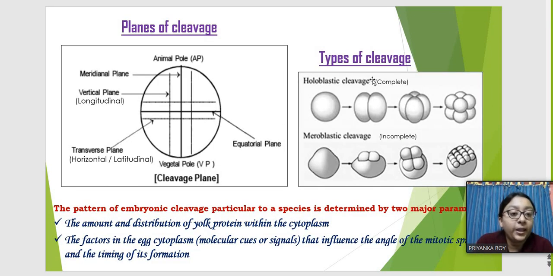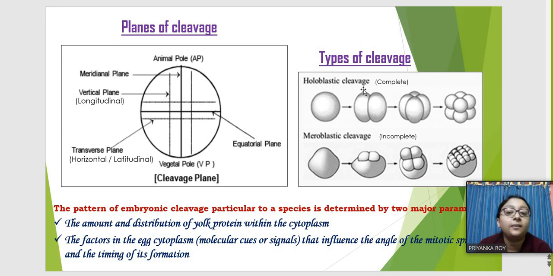If the cleavage plane or the division is complete throughout the first cell, when the plane of division runs entirely through the first cell and divides the entire egg into 2 different cells, then we call it a complete cleavage or holoblastic cleavage.